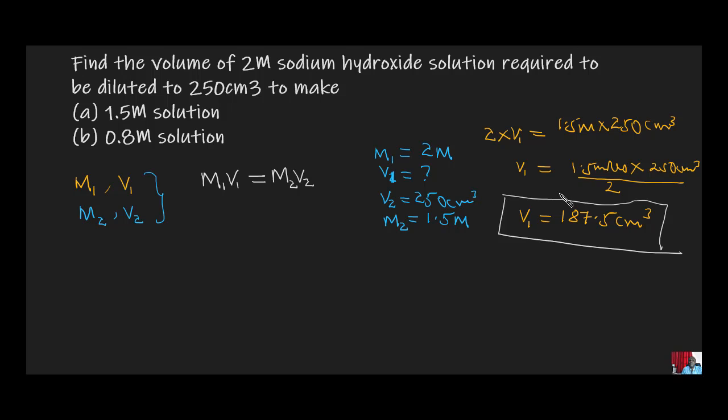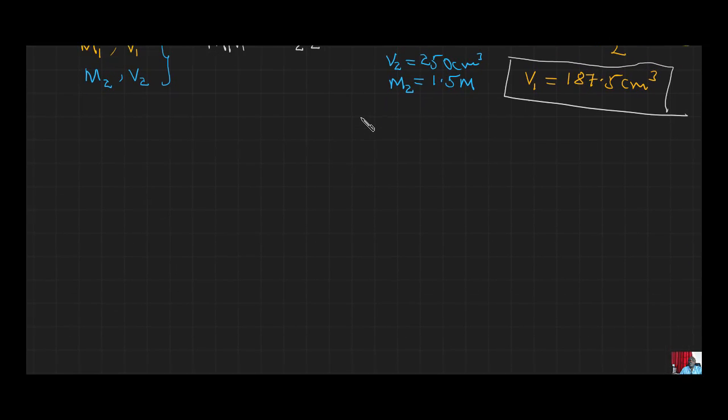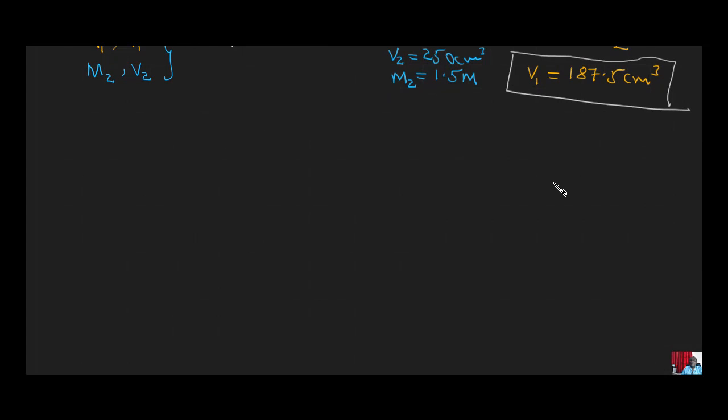That is part A. Let's go to part B. We want to dilute the same solution to a 0.8 M solution.